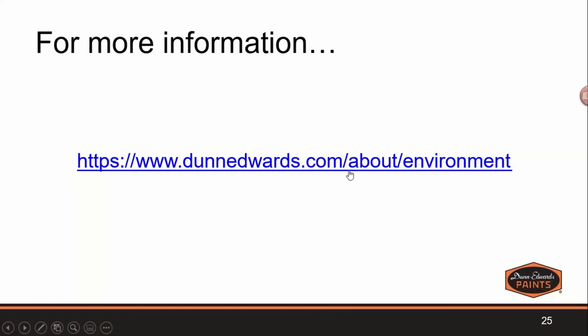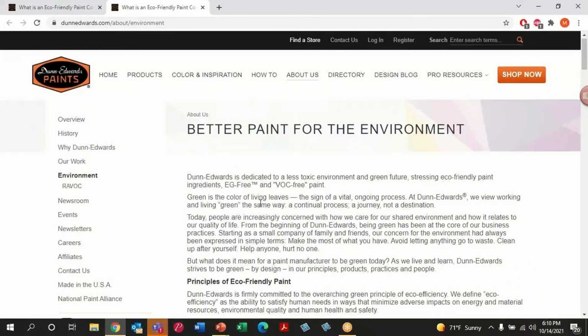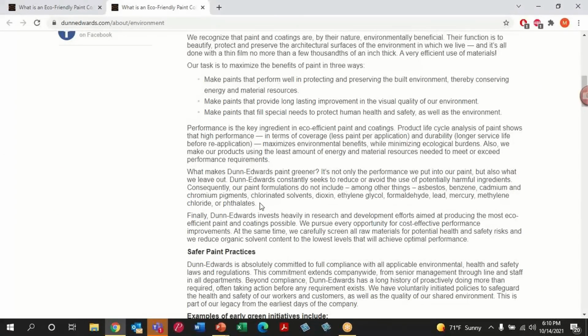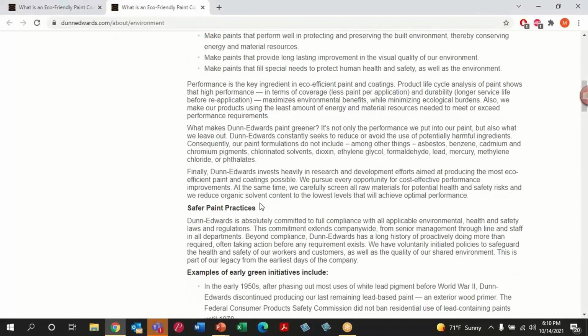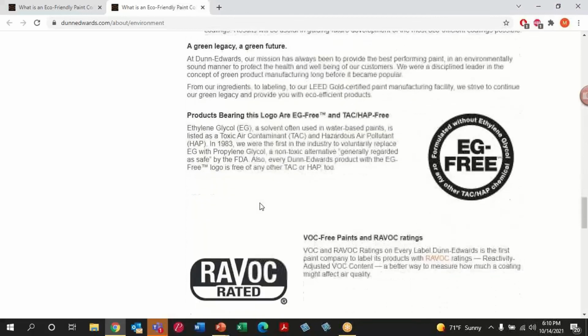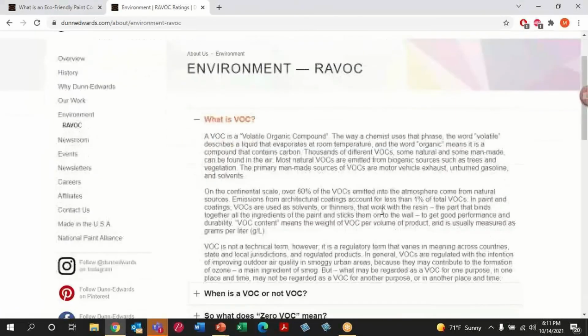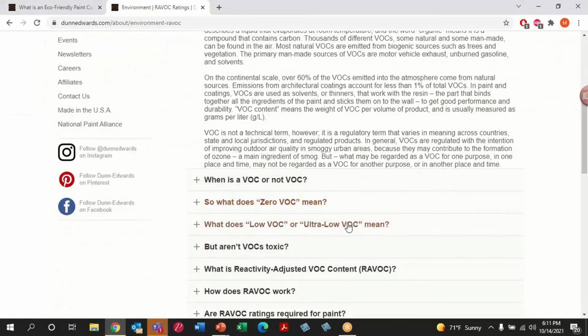I want to take a quick moment to go through our Dunn-Edwards environmental website. Here we see some content about Dunn-Edwards and how we are greener by design. At the bottom, as you scroll through, we see our RAVOC button, along with an explanation of what RAVOC is, how we've adopted it, and the history of it.